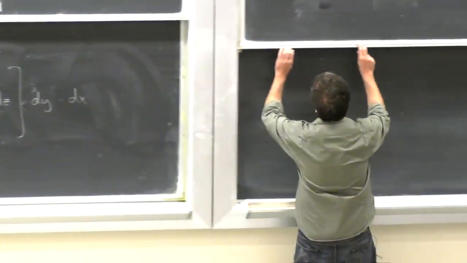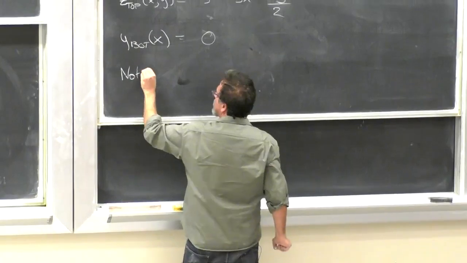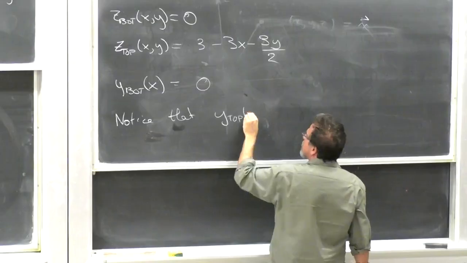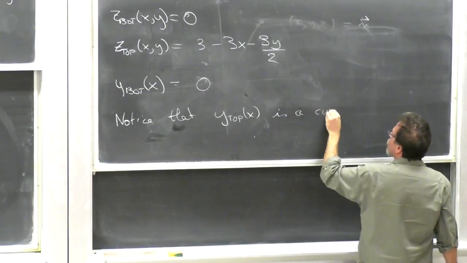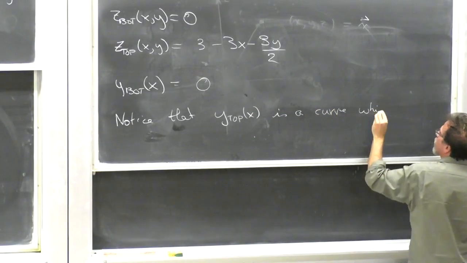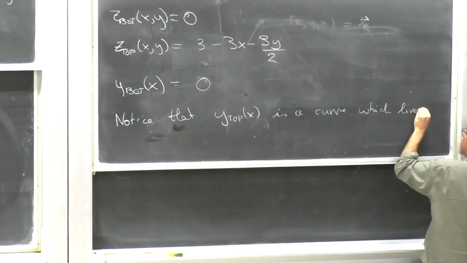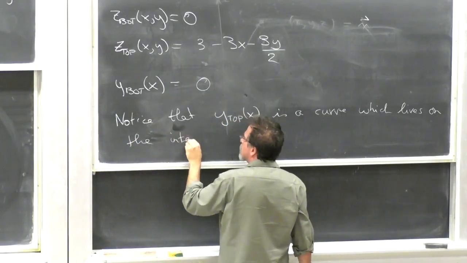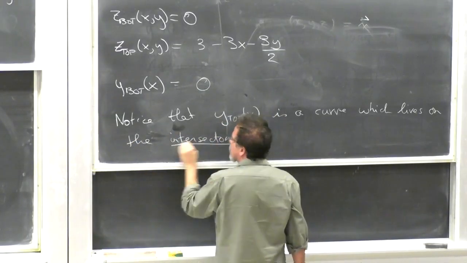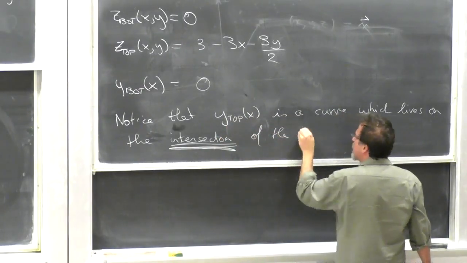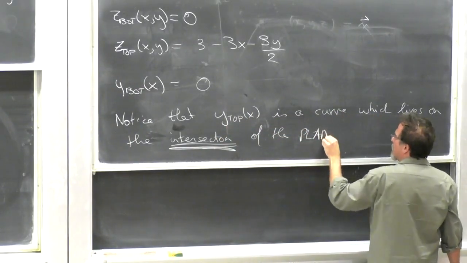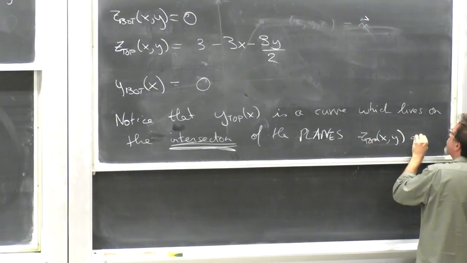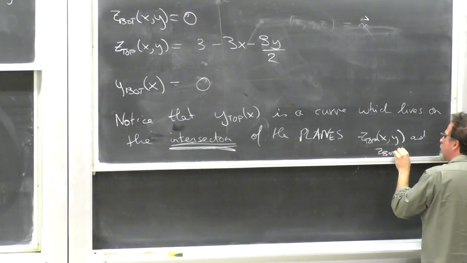So notice that y top of x is a curve which lives on the intersection of the planes z top of x and y and z bot of x and y.